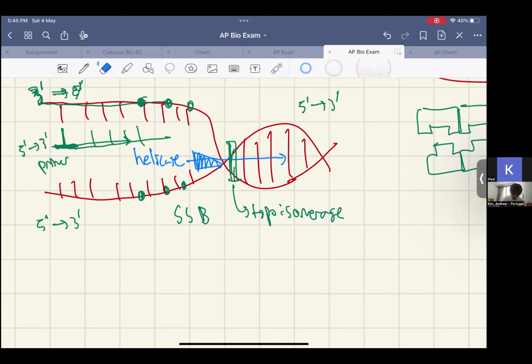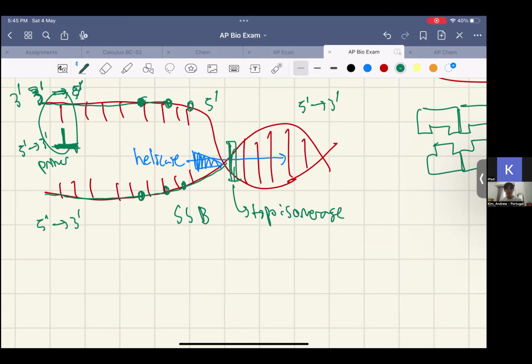So now, in the upper side, yes, here is the 3' to 5'. Here is the 3' direction, right? So it's 3' here and it's 5' here. It's like south here and it's north here, right? What about in the down strand? Where is the 3' location?